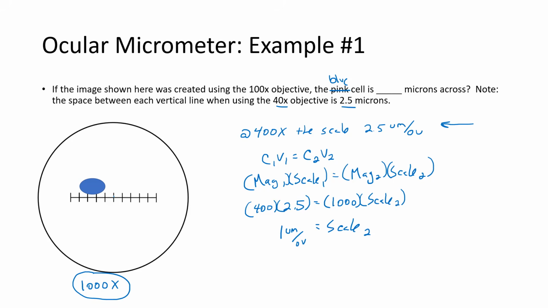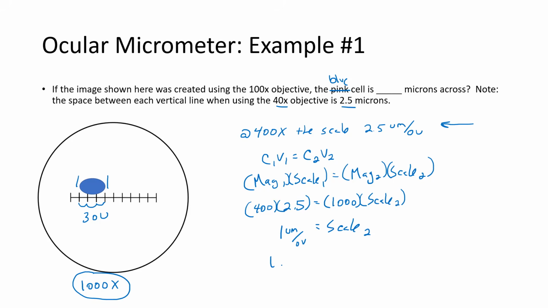It's 1. I didn't intentionally do that, but the specimen here is 1, 2, 3 ocular units, right? So from here to here is 3 ocular units. So then we just need to multiply.